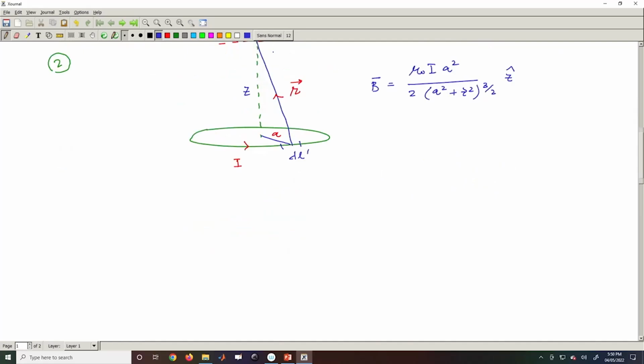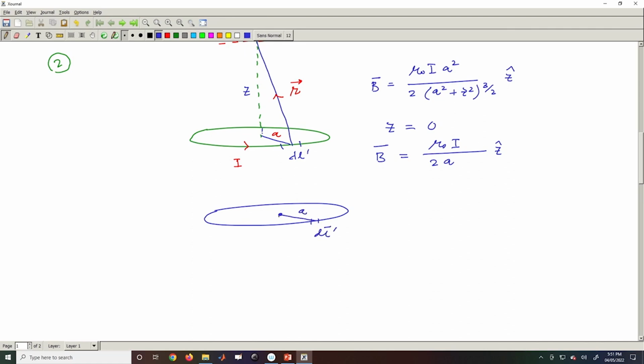That was another problem, and if z is equal to 0, then we had B equal to mu 0 I divided by 2a in the z direction, that is the center of the ring. So at z equal to 0, this is the point where the magnetic field will be this amount.